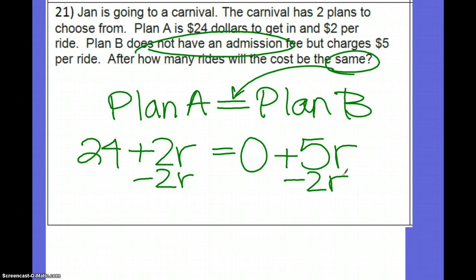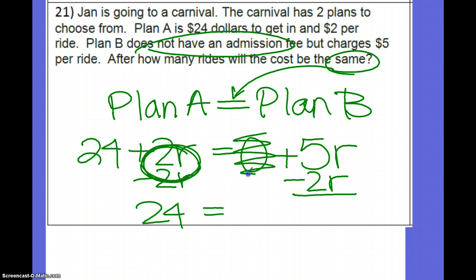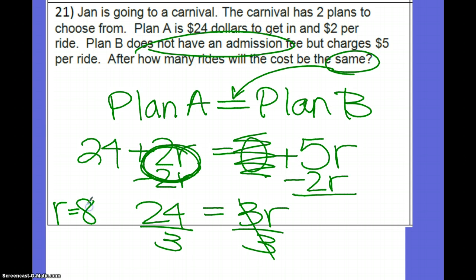We could have also minus 5r, but you'll see that leaving 24 by itself is going to be a little bit easier. So over here, I really don't need that 0, so I just have 5r minus 2r is 3r. Divide out the 3 on both sides, and so the number of rides is 8 rides until their plan prices are the same amount of money.